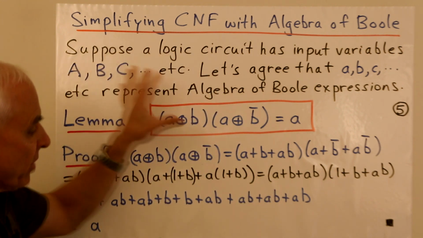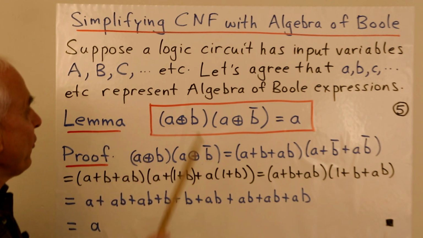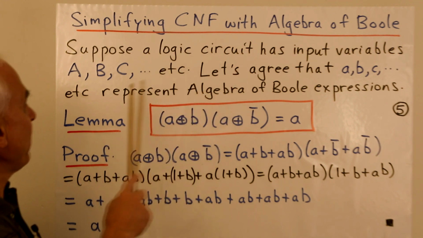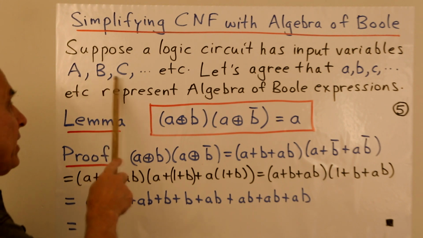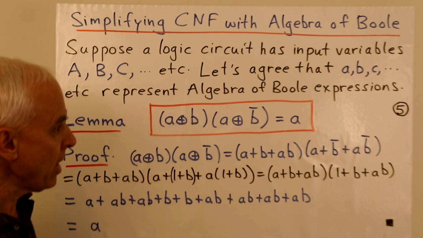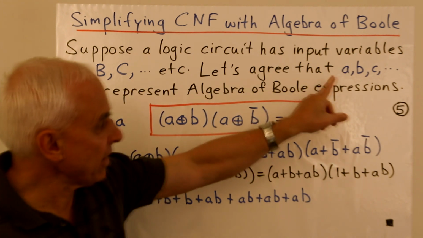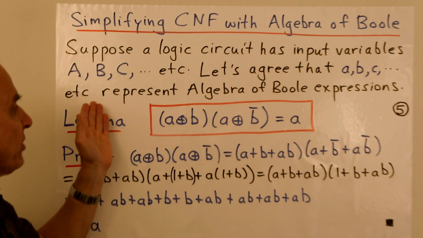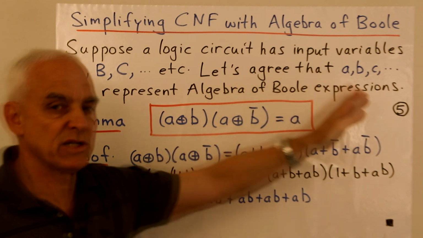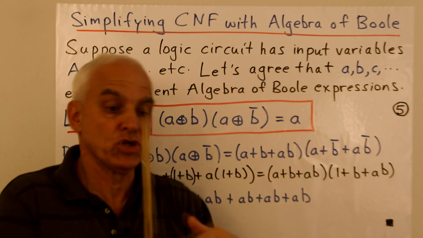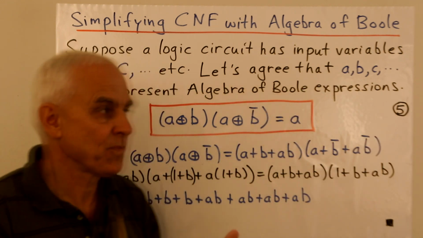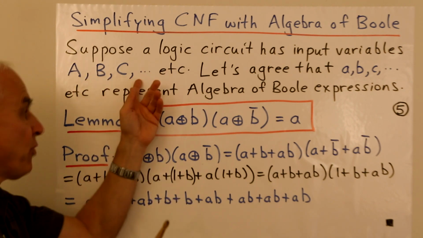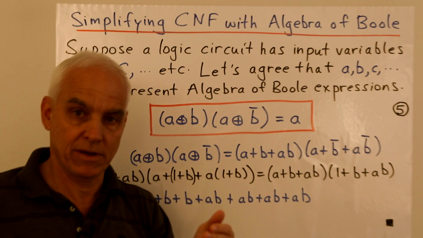So let's just agree on a bit of notation here. Suppose that we have a logic circuit with input variables, say capital A, capital B, capital C, and so on. Let's agree to use little a, little b, little c, and so on to represent algebra of Boole expressions, rather general expressions in the input variables, which are the capital letters.